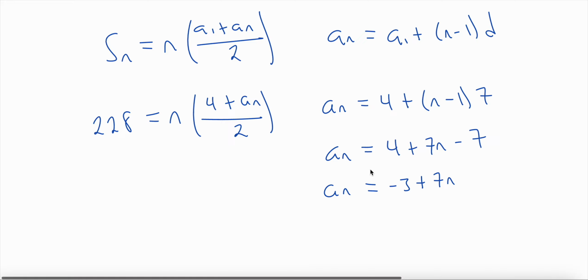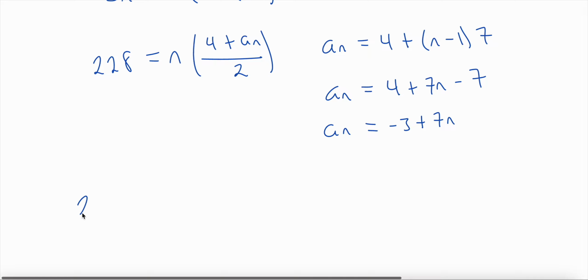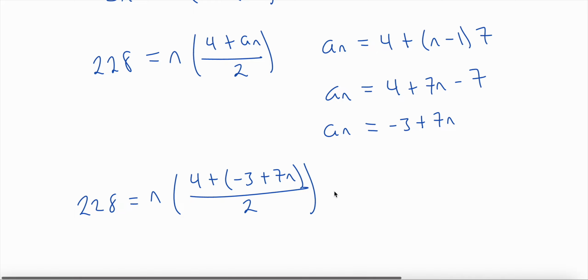Now we can utilize this an, which equals negative 3 plus 7n, and plug this into our summation formula over here on the left. So let's go ahead and do that. We're going to have 228 equals n times (4 plus negative 3 plus 7n) over 2.